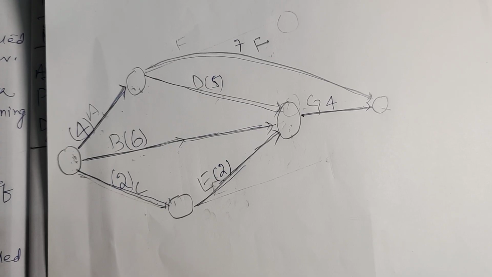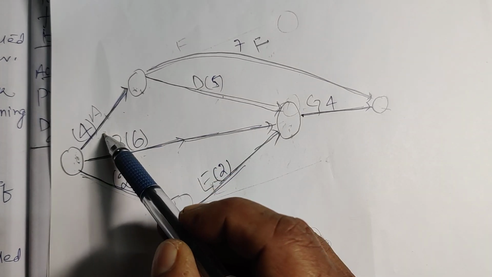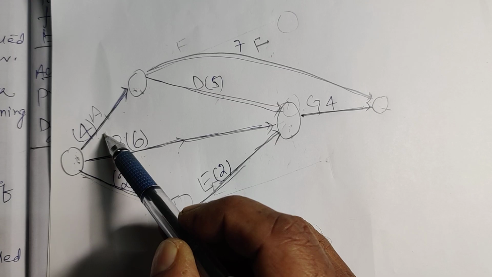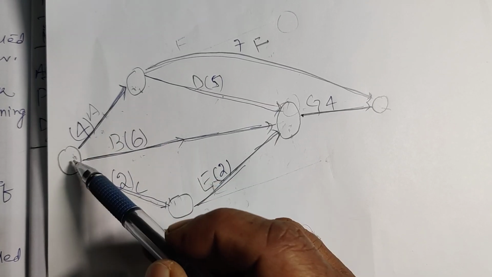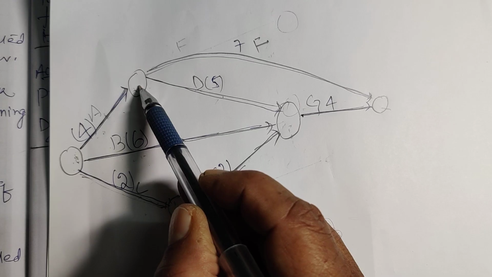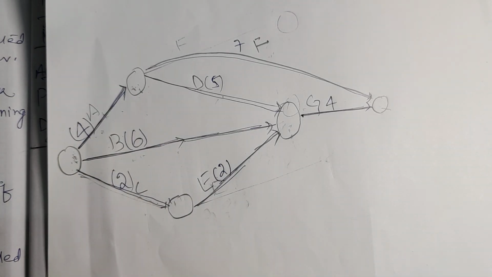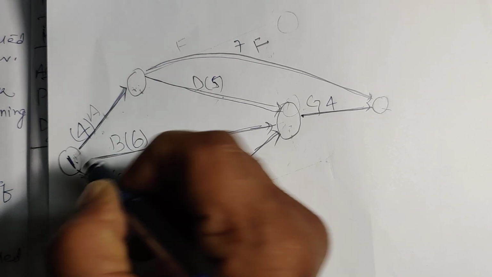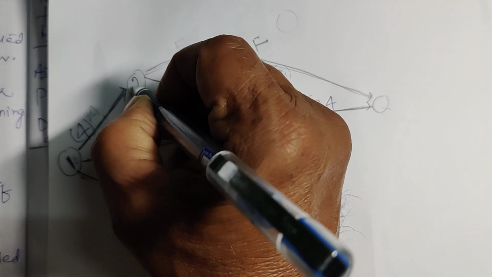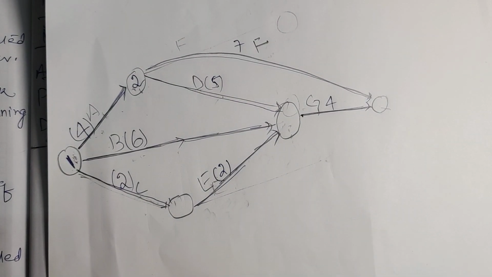Second point, for each activity there are two nodes, initial node and terminal node. The number assigned to the head node is always greater than the number assigned to the tail node. So this is the tail node 1, this is the head node 2.